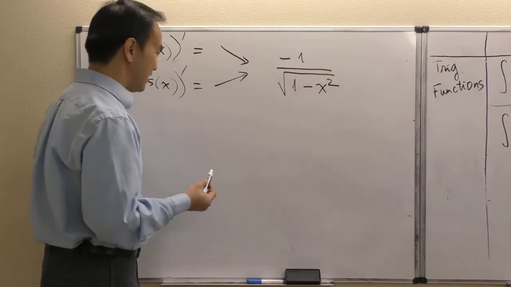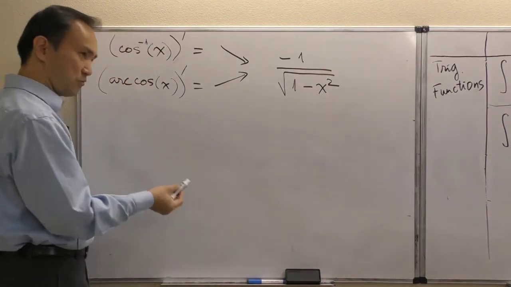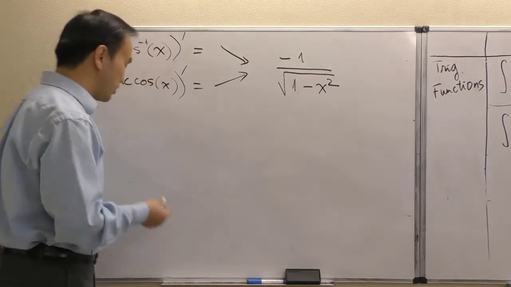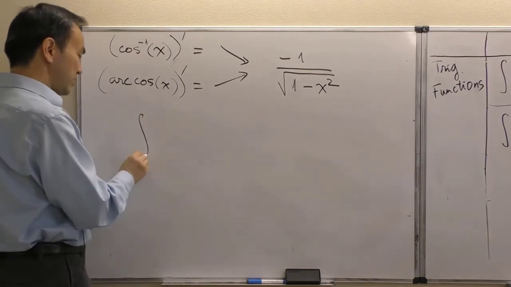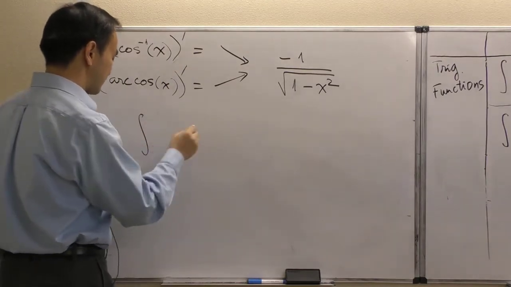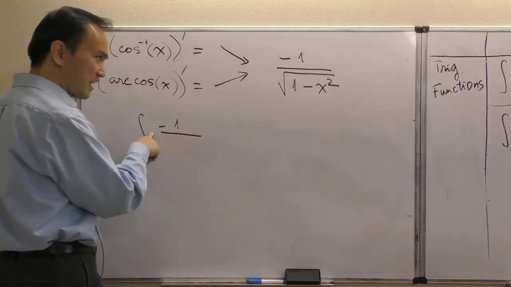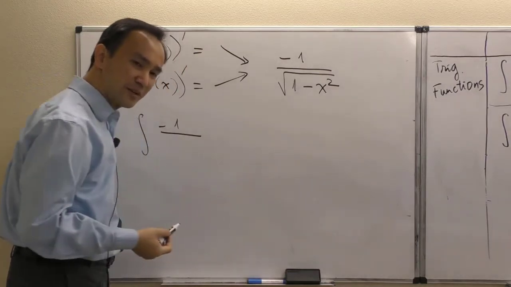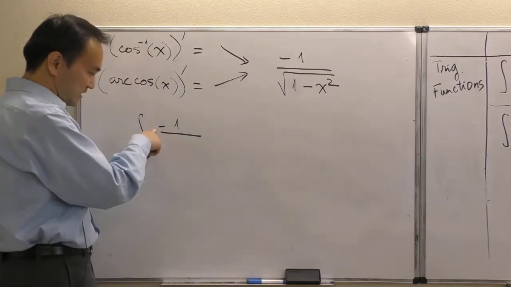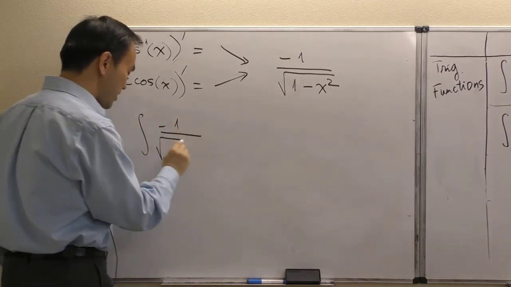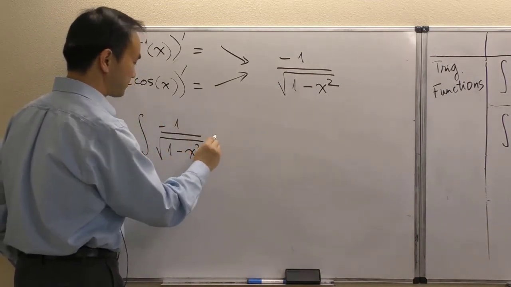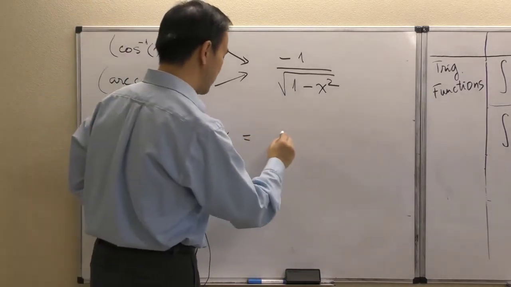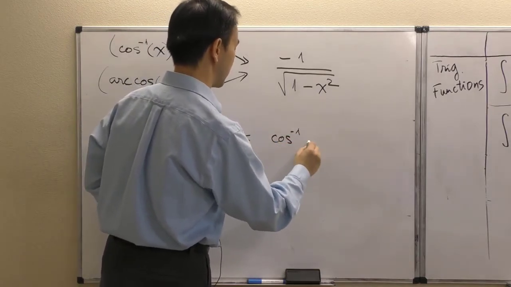Okay, and so in that way, just like how I have been deriving other basic antiderivative rules, now we recognize that anytime we're looking at the antiderivative of negative 1 over square root of 1 minus x squared, so it's almost like the other one I just introduced, where the antiderivative landed into sine inverse, taking the antiderivative of that will land us into this function right here, cosine inverse of x.